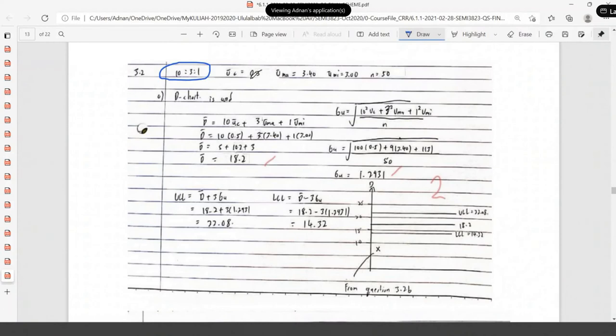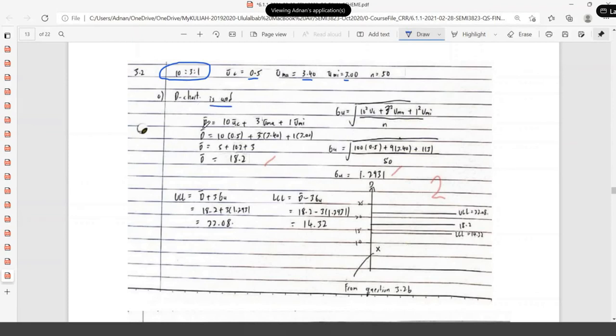You have U 0.5, MA 3.4. Betul kan jadi? Betul, Doktor. Betul lah? Okay, so basically this is the solution lah.